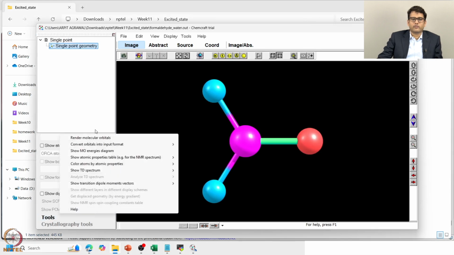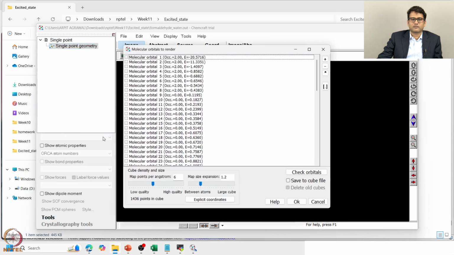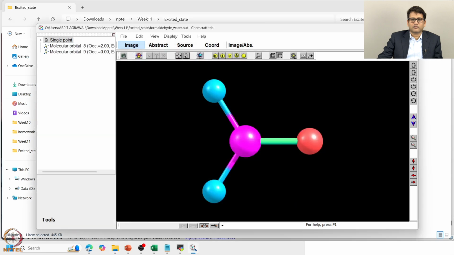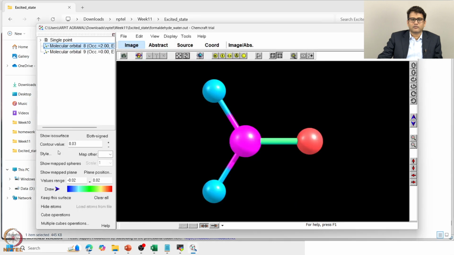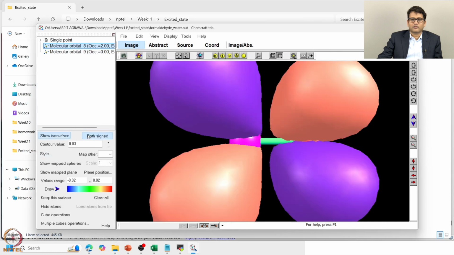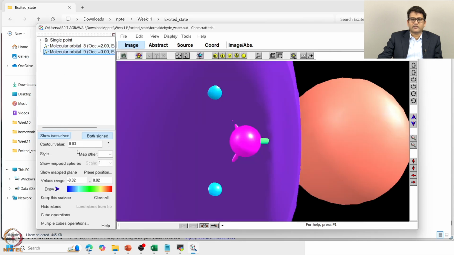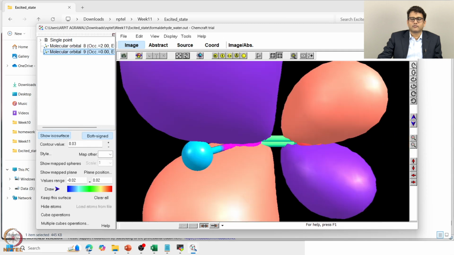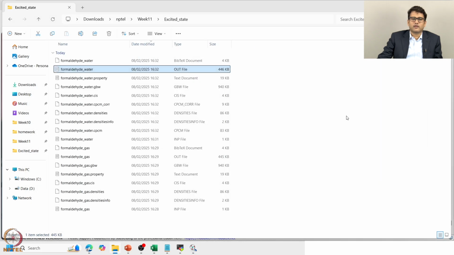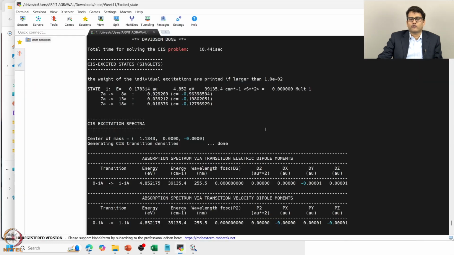I render the orbital. So, the nature of the orbitals remains the same. But actually the energy increases by around 0.2 electron volt. So, that is the effect of the solvation.